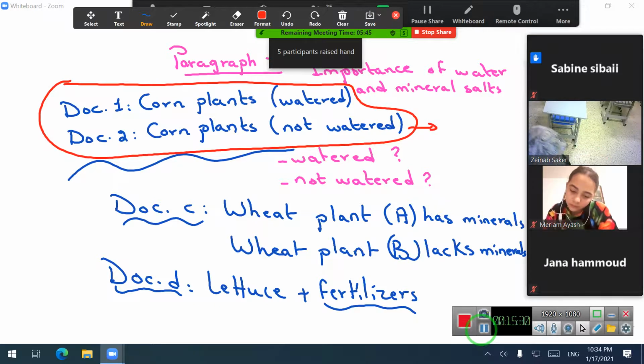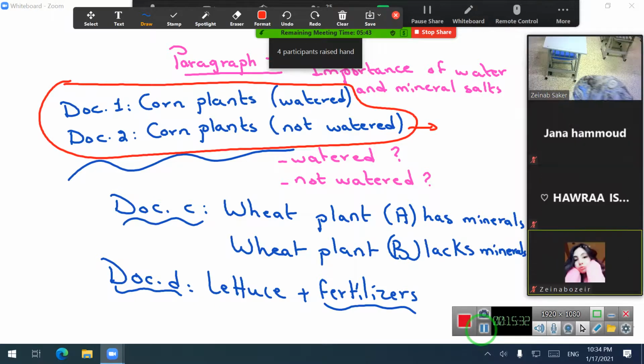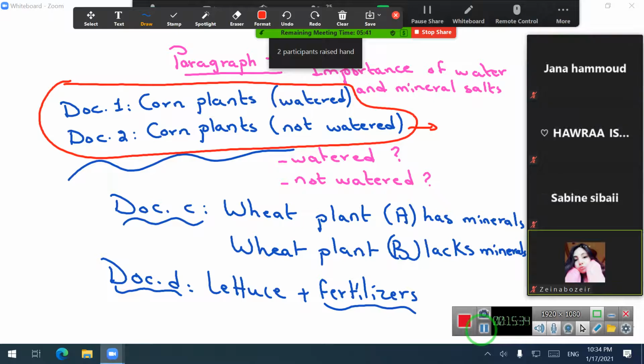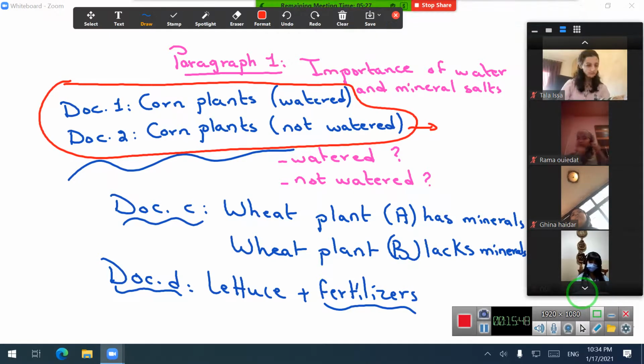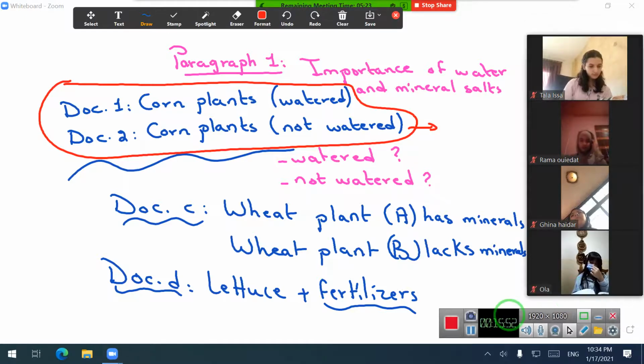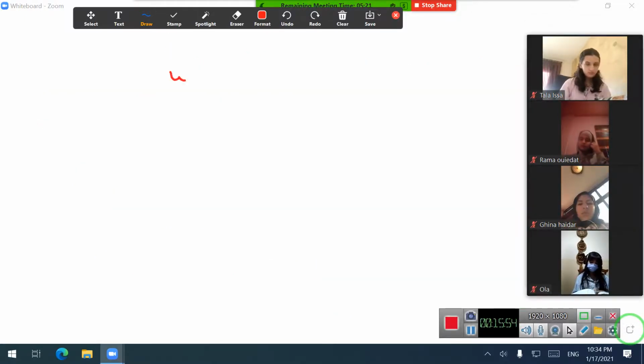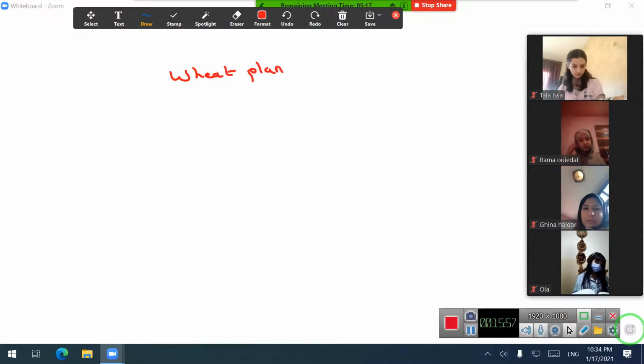So, Miriam, is water an important need of green plants or not? Yes, of course it's an important need for green plants. Thanks, Miriam. Now, in document C, I have two wheat plants.